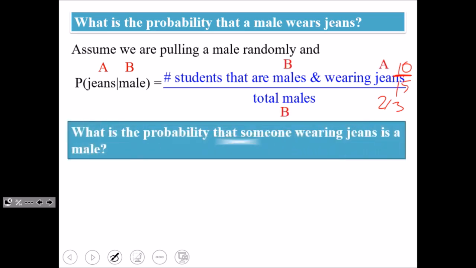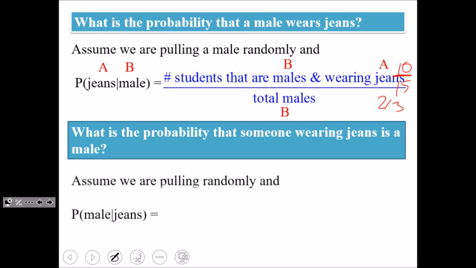Try it again. What's the chance that someone wearing jeans is a male? Well, that assumes we're pulling randomly. We're asking what's the probability they're male given they're wearing jeans. A given B. So it's still going to be A and B for the top.